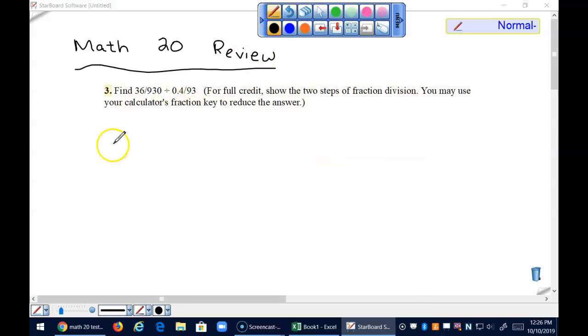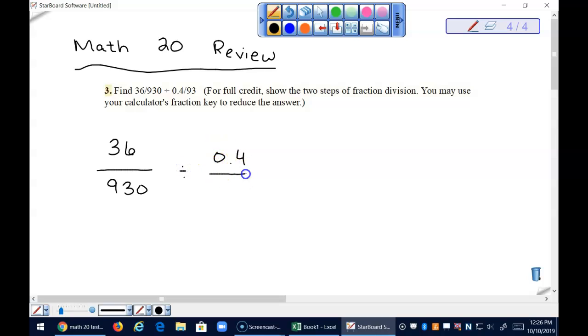Okay, so we want 36 over 930 divided by 0.4 over 93. Well, that's ugly. The first thing that jumps out at me is I have a decimal in my fraction. Yuck. That's not friendly.